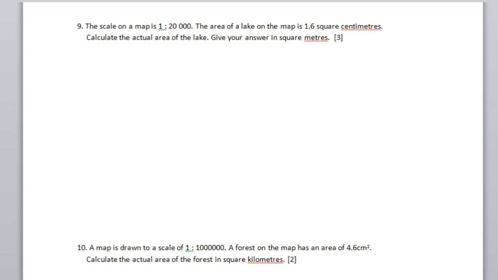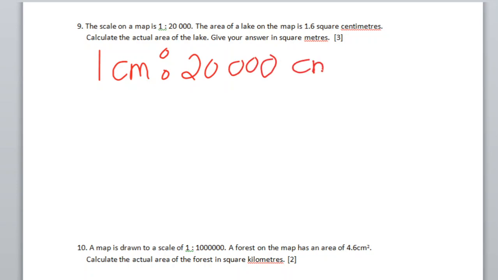Question number 9. The scale on a map is 1 centimeter corresponds to 20,000 centimeters. The area of the lake is 1.56 centimeters square. Calculate the actual area of the lake, give your answer in square meters.